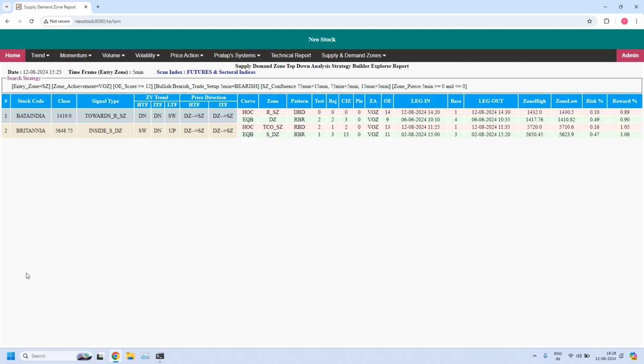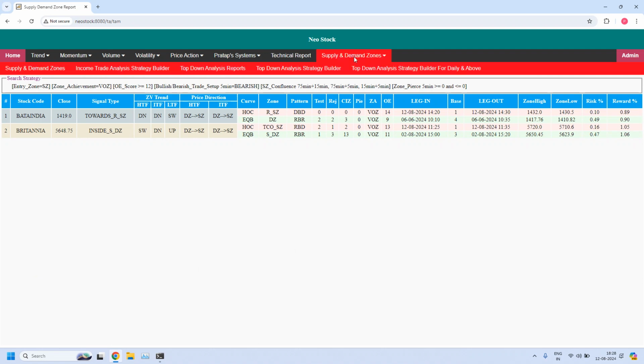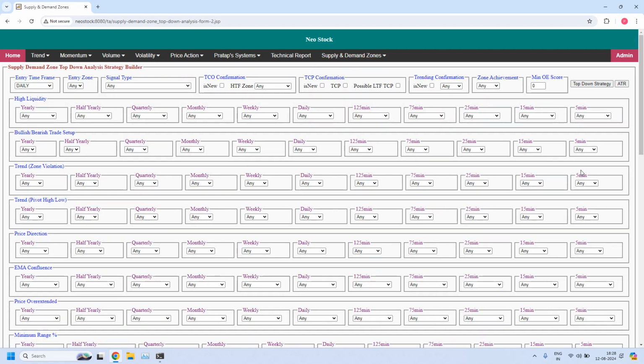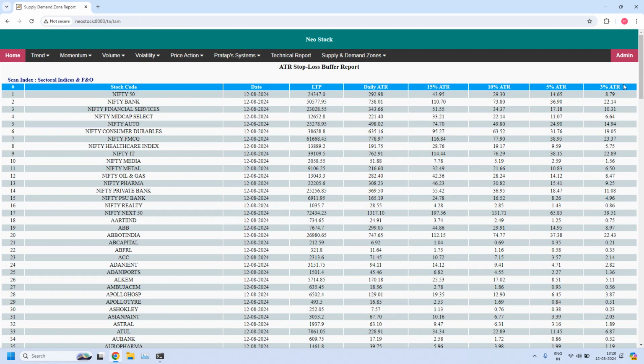Now we have completed bullish and bearish trade setups for all the 4 income trades. In the last report, let us generate the stop buffers based on daily ATR. This is the list. First 17 in this list are indices that includes all sectorial indices. Remaining all are equity stocks, but taken from F&O list.